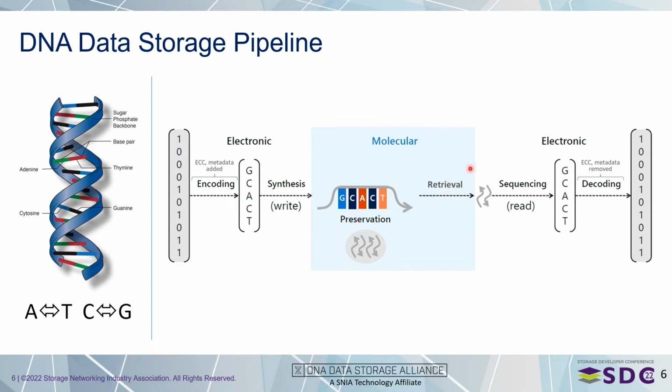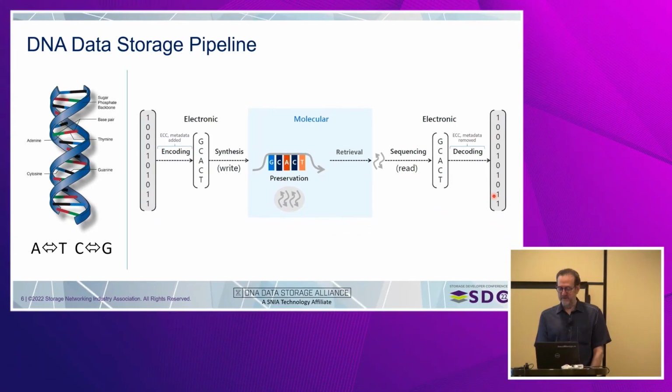And on the way out, we do the reverse. We sequence it or read it, and then we get our bases back, and then we decode them back into the digital. And like in electronic channels, we add ECC and metadata for various purposes into the chain of bases.